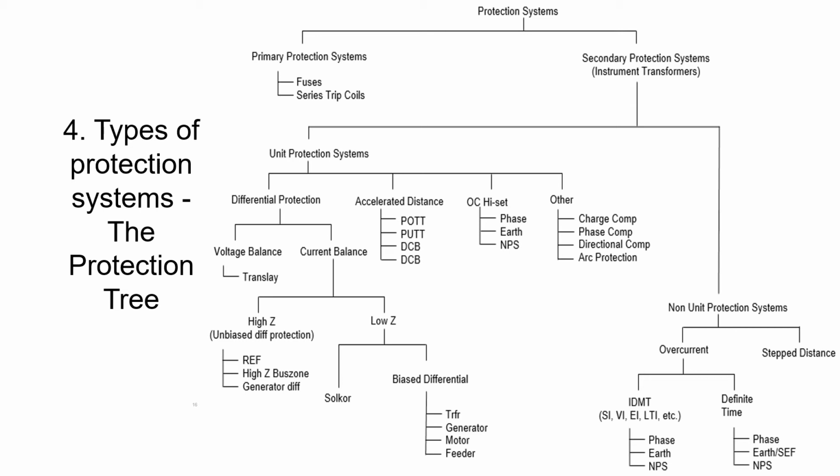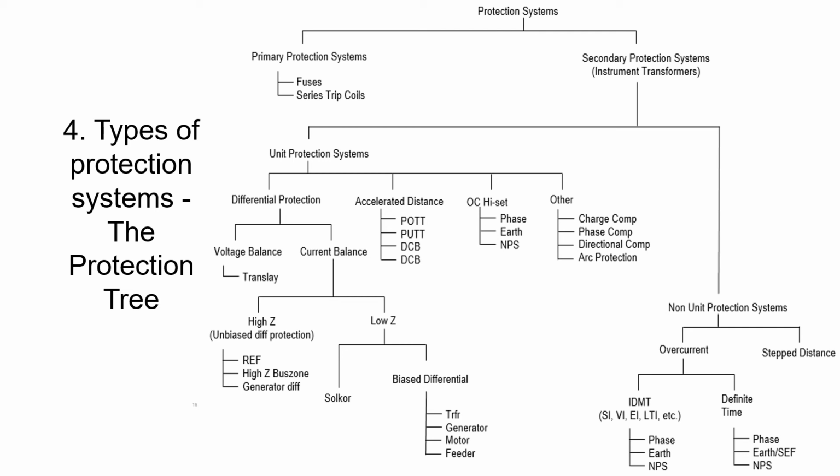And overcurrent high set. Now, the overcurrent element by itself is not really a unit protection system. It would be classified really as non-unit. That's why we see the overcurrent sitting over here. But in certain instances, by virtue of its setting, the overcurrent high set is actually a unit protection system, as it will operate without any time delay for a fault in a given area of operation within those boundaries.